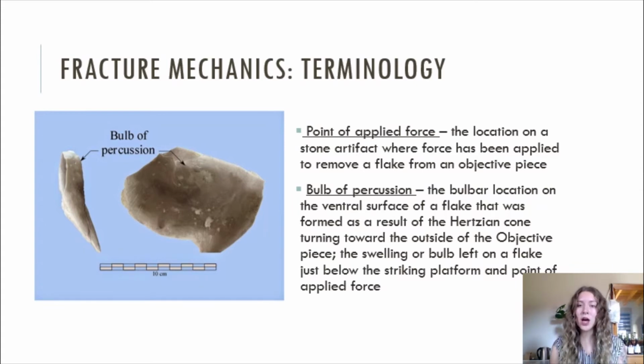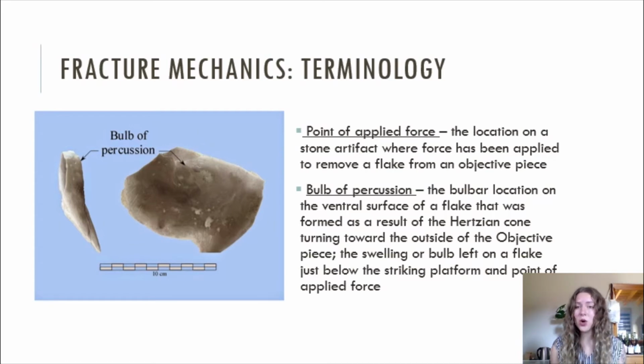And when analyzing a flake, you will notice the bulb of percussion, which is the bulbar location on the ventral surface of a flake that was formed as a result of the Hertzian cone, which turns toward the outside of the objective piece, which is related to the flexibility and the elasticity of the material being knapped.